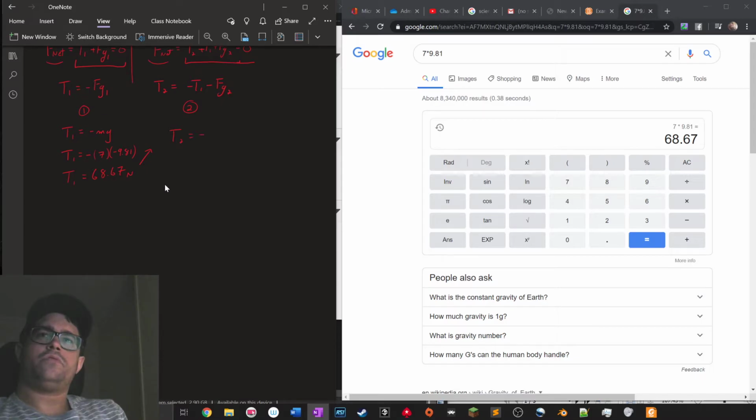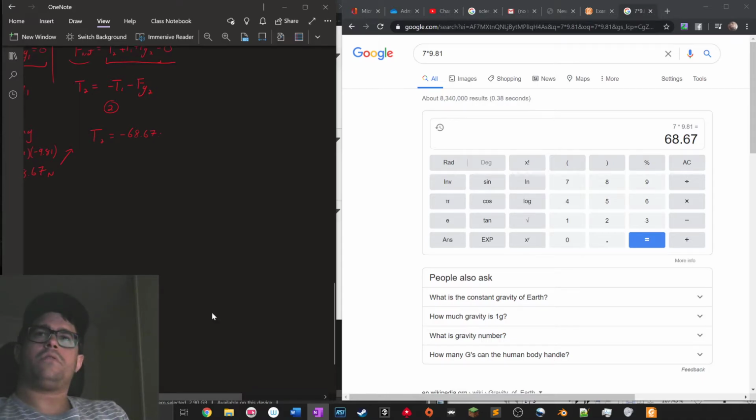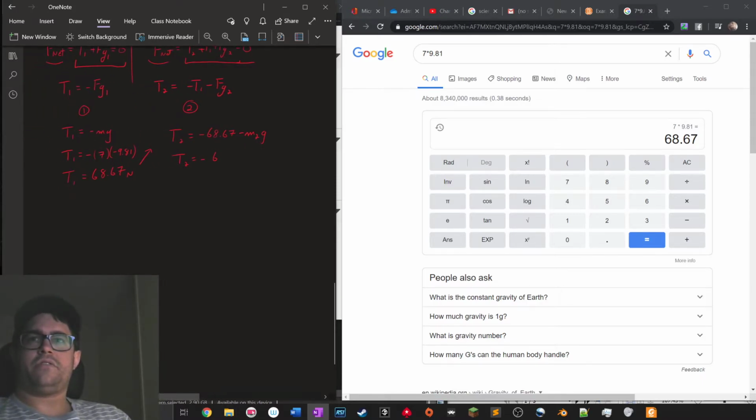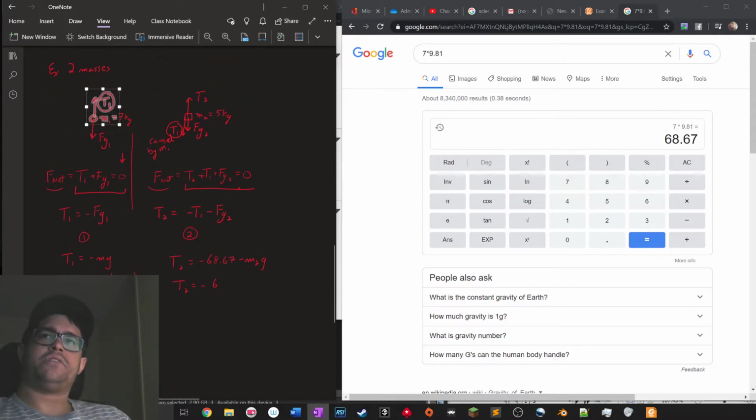Bring that over here to T2. So T2 is equal to minus 68.67 minus FG2, which is m2 g, right? We can double check to make sure that our T is correct here. Is T a positive value? T is definitely a positive value. So we're good.